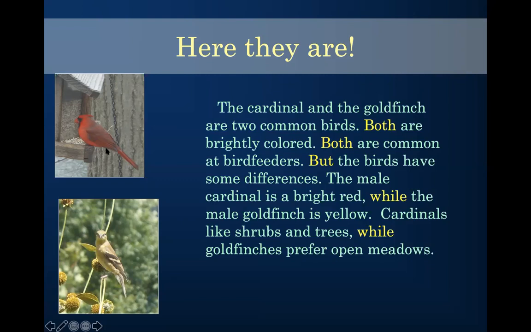So one is red, but the other is yellow. And that's that conjunction word that is linking the two ideas, but they are different. While is another one you're going to see a lot of. One is this way while the other is this way. So it means they're both coexisting at the same time, but one is one way while the other is the other.